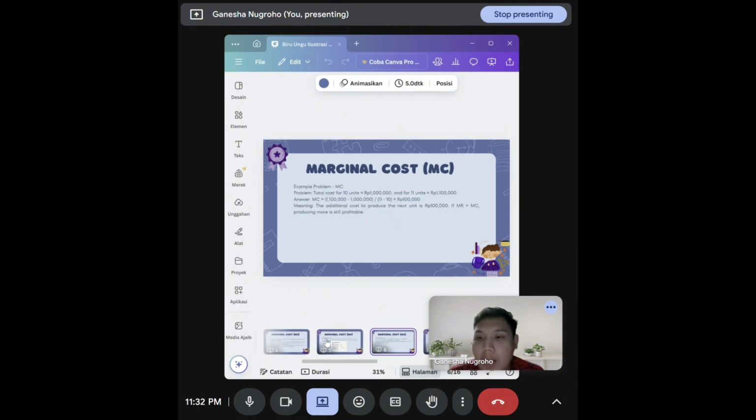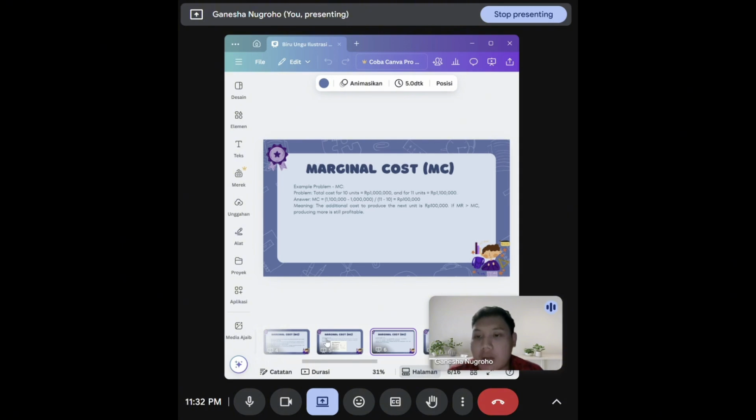Example problem: total cost for 10 units is 1,000,000 and for 11 units is 1,100,000.